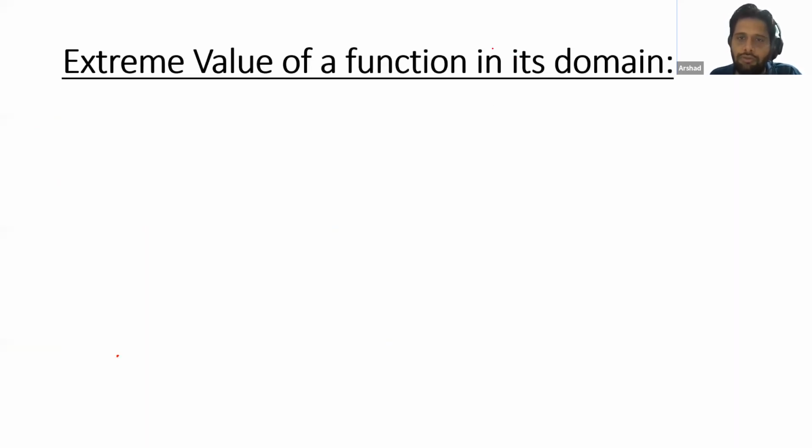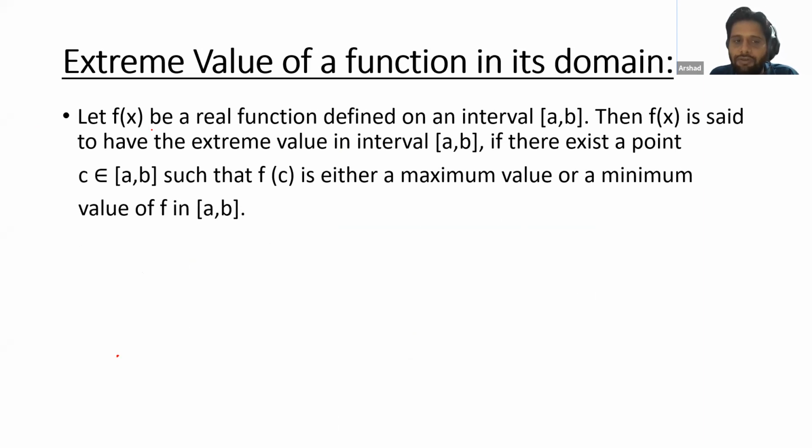Okay, now the next topic is extreme value of a function. From the name only, you understood what an extreme value is. The maximum and minimum values are called the extreme values. So let f(x) be a real valued function defined on this interval. f(x) is said to have an extreme value in this interval if there exists a point c such that f(c) is either a maximum or a minimum value. Then such a point is called the extreme point, and such a value is called the extreme value.